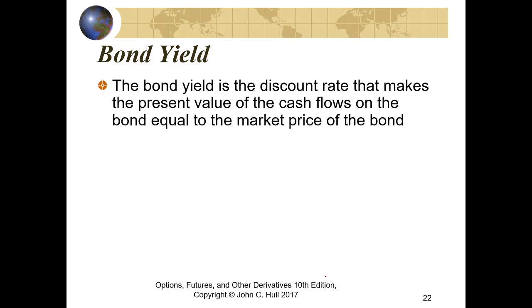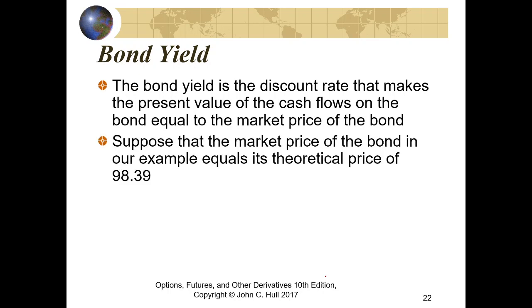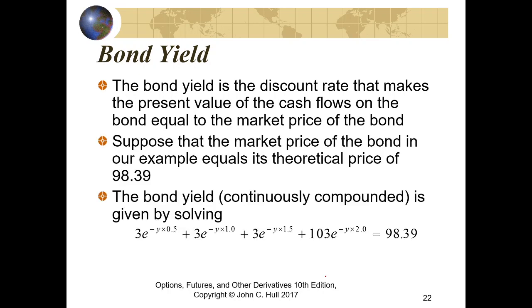So the bond yield is the single rate that makes the future value or the present value of all coupon payments, including the face value, equal to the price we observe in the market. In other words, it is the rate that makes the present value of all coupon payments plus the face value equal to the price we found in the market or calculated earlier.